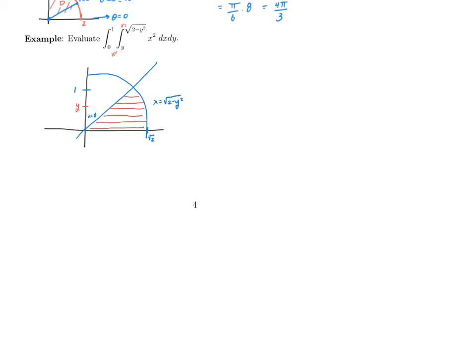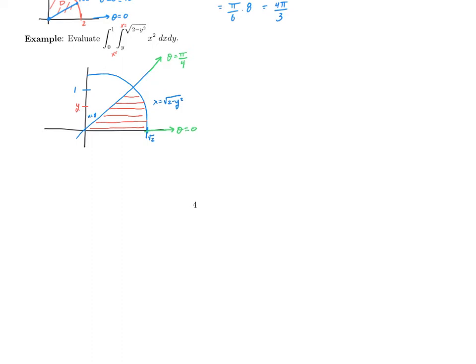And note, this is in fact a polar rectangle, because in polar coordinates we could note that we're bounded below in theta values by 0, and we go into this line y equals x. And in terms of theta values, that's an angle of 45 degrees, or pi over 4 radians.